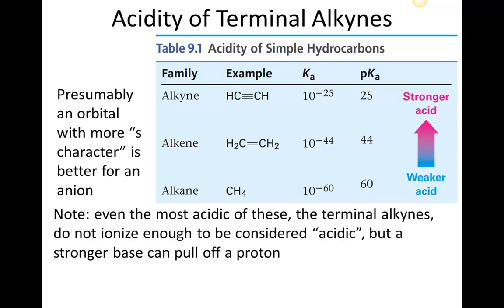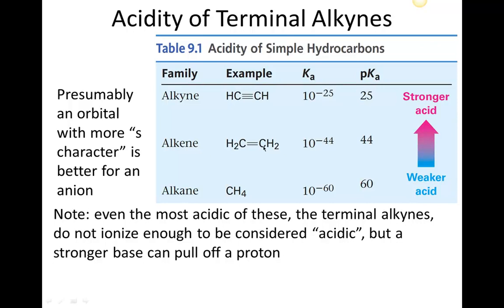So that pair of electrons has to be in an orbital. The orbital that it would be in is an sp orbital on that carbon. And so the idea is that that orbital is made up 50% of an s orbital and 50% of a p orbital.